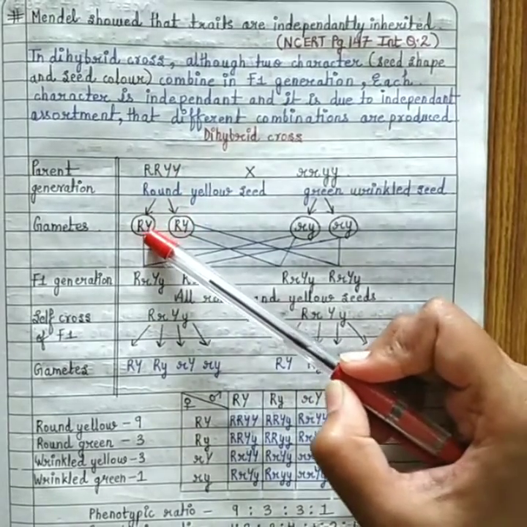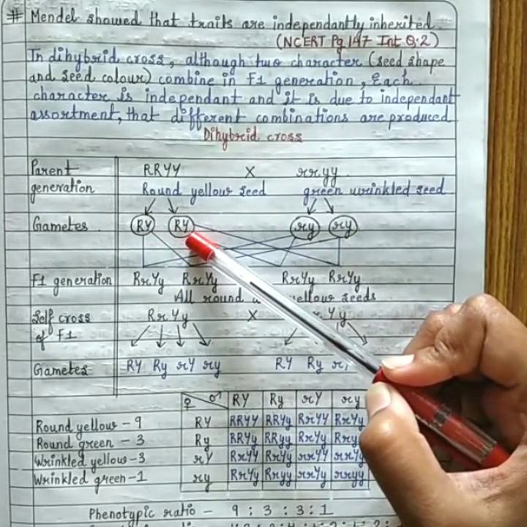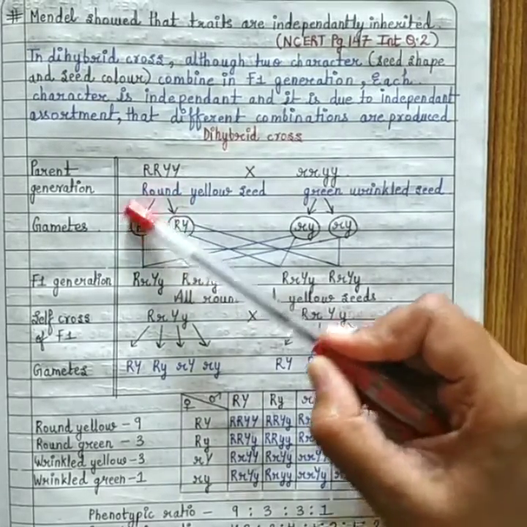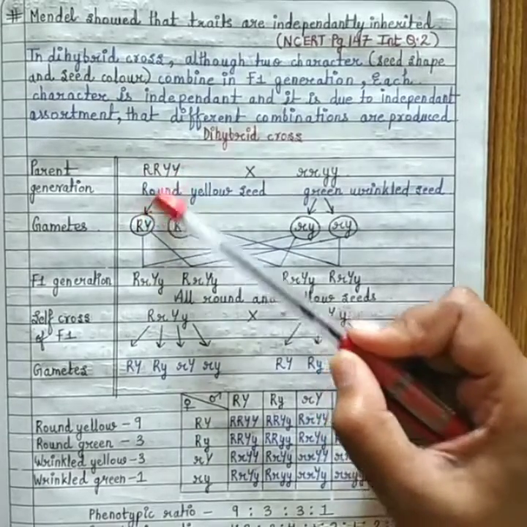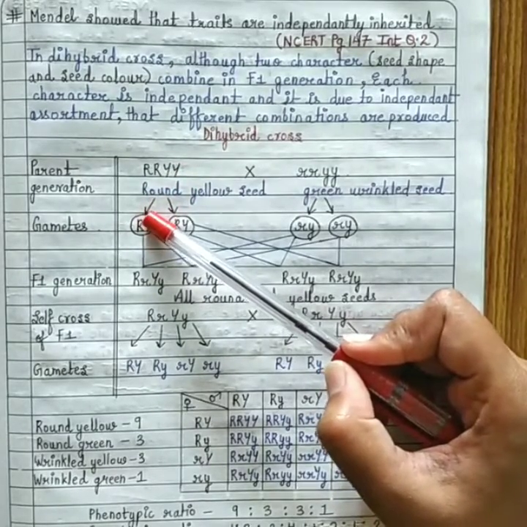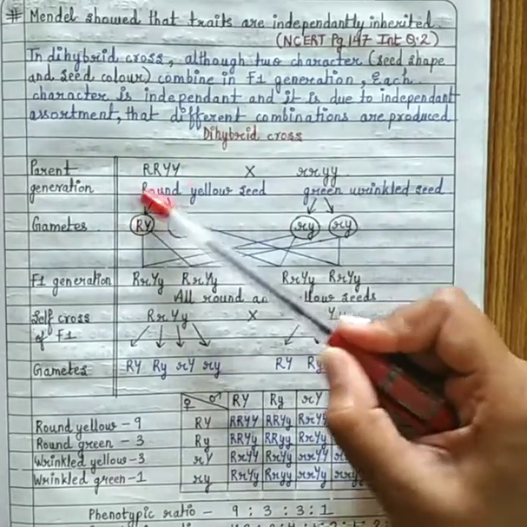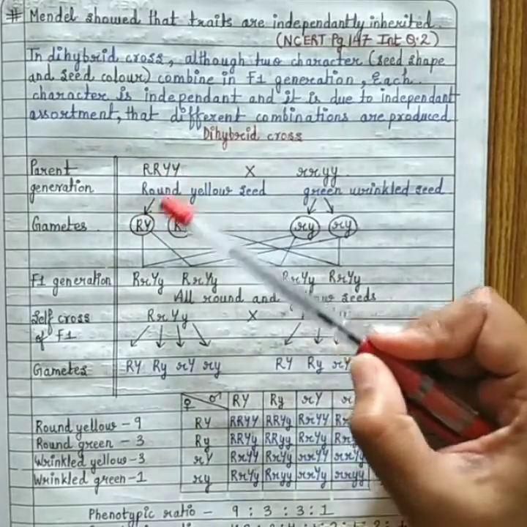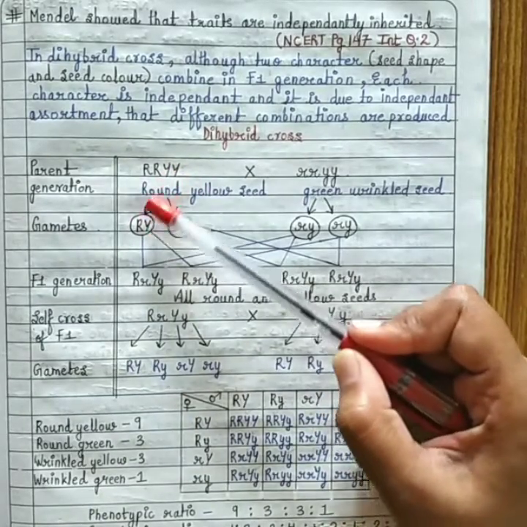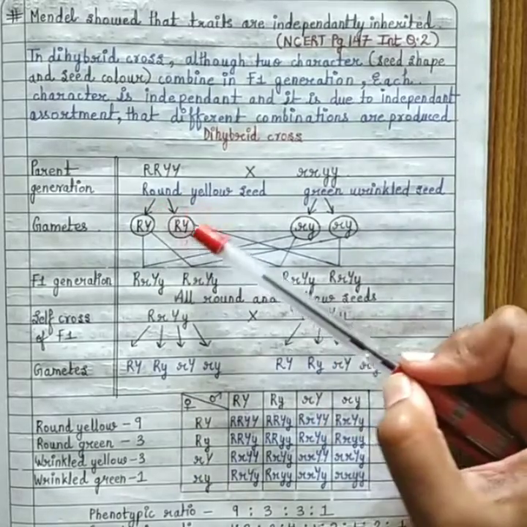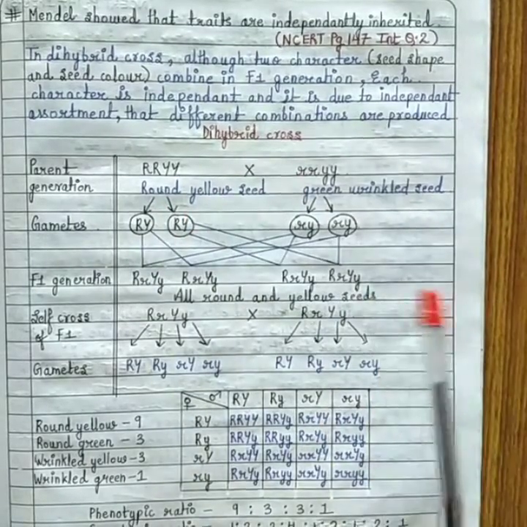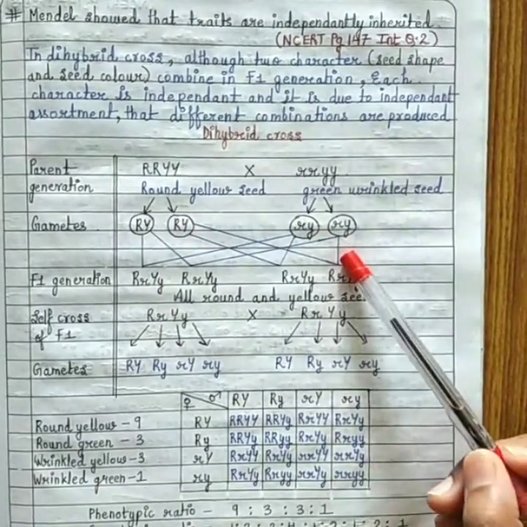Capital R, capital Y and capital R, capital Y, because हर gene combination में हर character का एक allele जरूर जाएगा. In gametes one allele for each character should go. और जब हम यहाँ दो pair of characters study कर रहे हैं तो हर gamete में दो alleles जाने चाहिए. Okay, so capital R, capital Y, capital R, capital Y. Now here small r, small y and small r, small y.